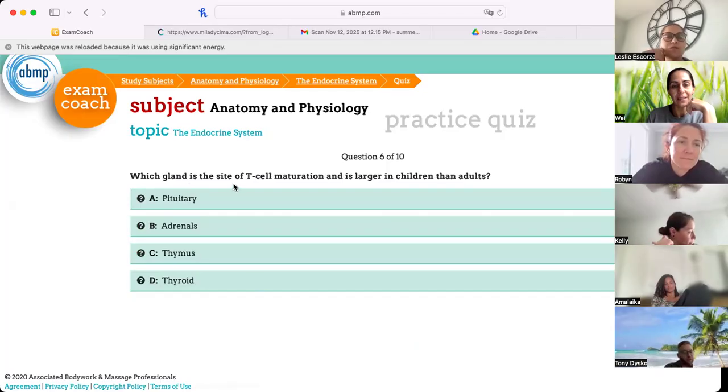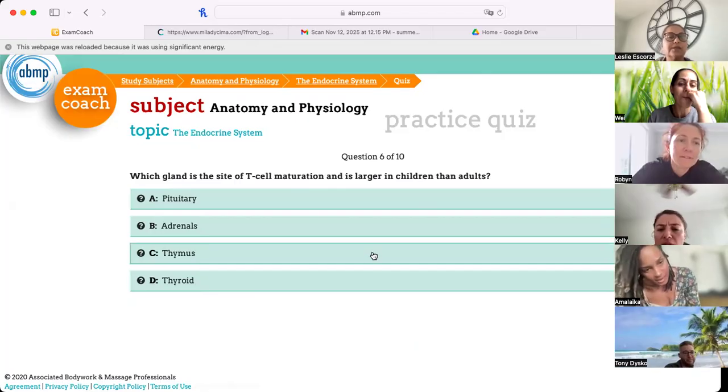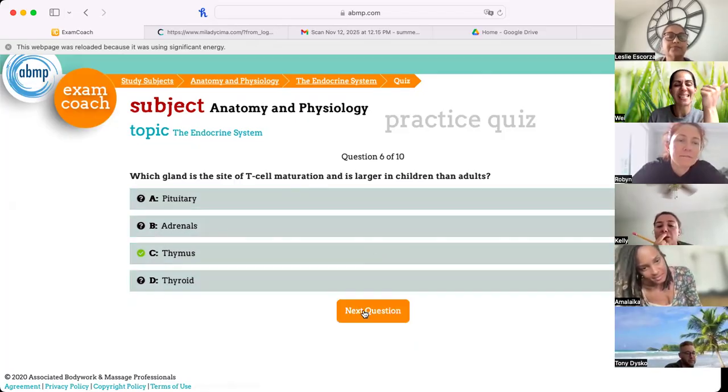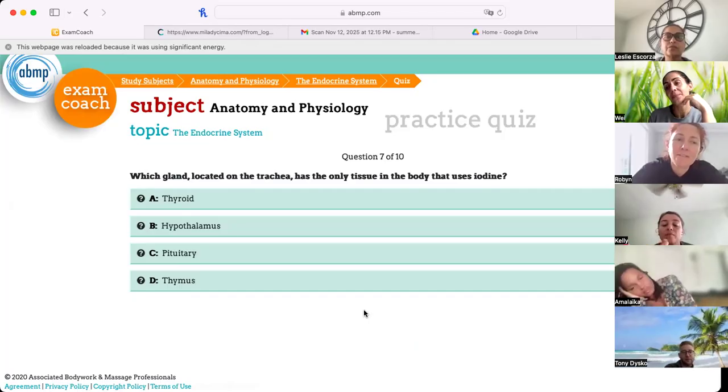Which gland is the site of T cell maturation and is larger in children than adults? Thymus. Is the thyroid also larger in children? Just the thymus. No, the thymus for sure.